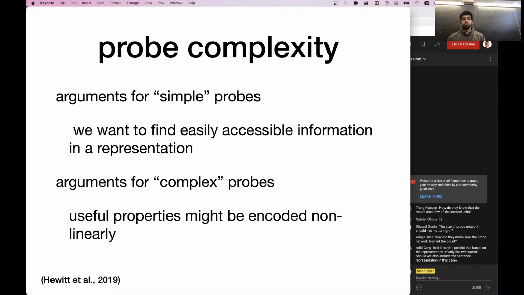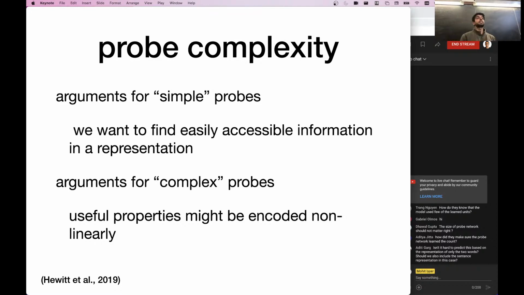Okay, so I do really want to talk about this point, which I've alluded to before in this lecture, about probe complexity. We've talked about a number of different probe tasks now, but how do we set up the probe? There are arguments for both simple probes, like a single linear layer, and complicated probes, which might be a big transformer. For a simple probe, we want to easily be able to access that information.